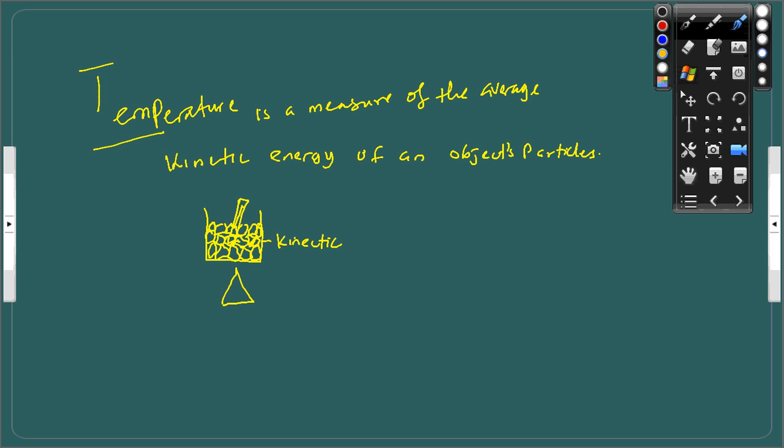If you put a thermometer inside it, you find out that the thermometer reading is increasing, which means the temperature of the body is increasing. We say the temperature of this body is the measure of the average kinetic energy of the particles in it.